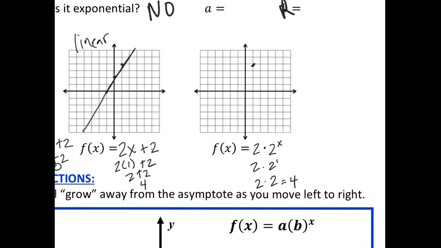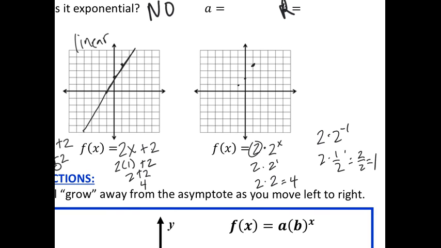And this is your initial value. Sorry, I should have done that first. If x is -1, that's 2 times 1/2 to the first power, which equals 2 over 2, which equals 1. So when x is -1, y is 1.